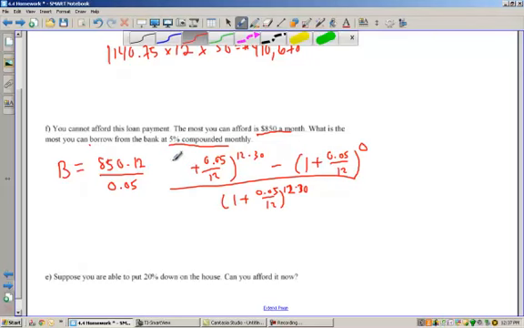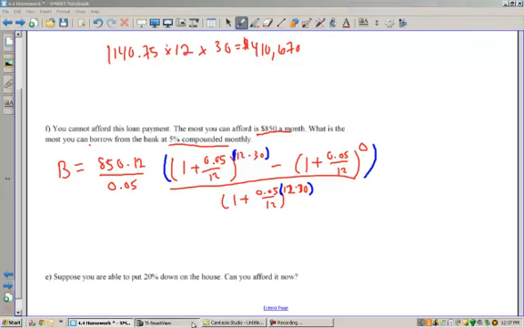But I do need parentheses on the outside, right here, and also in the exponents up here. So now I can crunch this number.